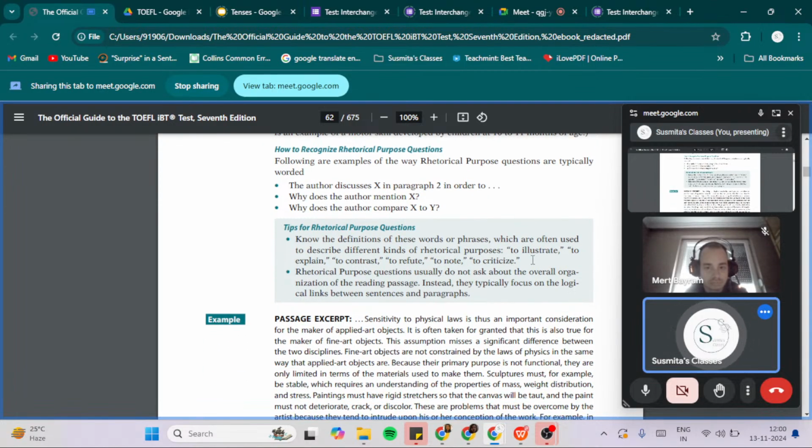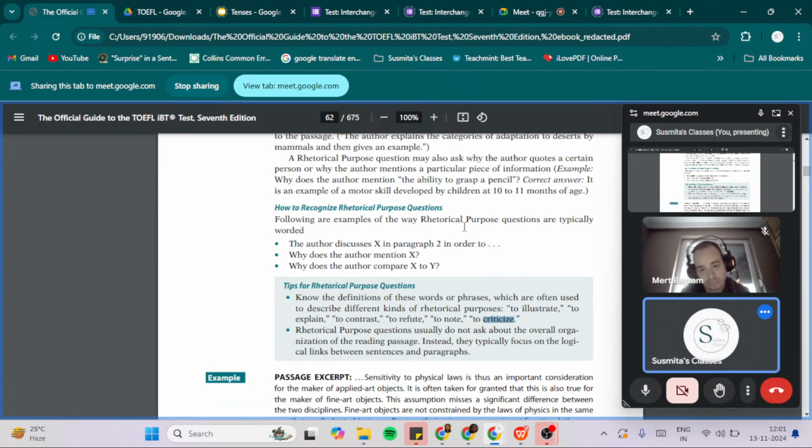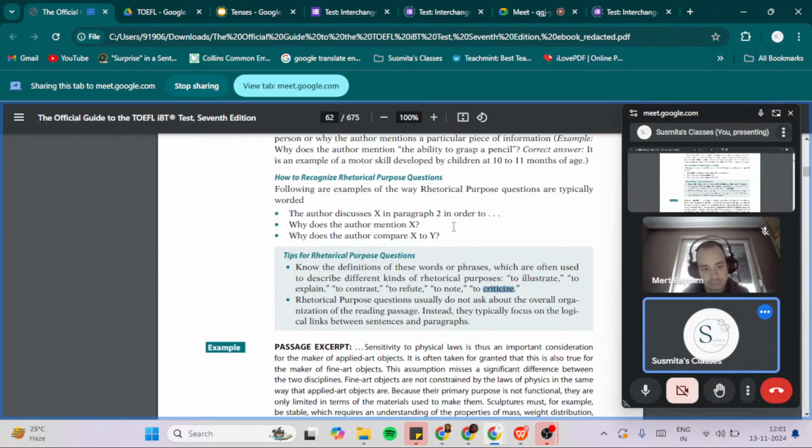Other words that you should know is when they ask rhetorical purpose questions, they might use words such as: to illustrate, to contrast, to refute, to note, to criticize. Now, in the option, if you see, it is an example of motor skill developed. So it's given easily over here.